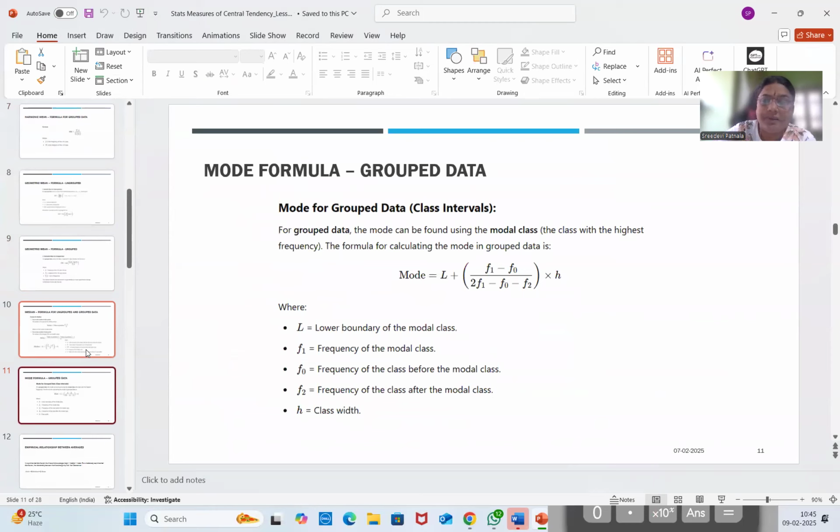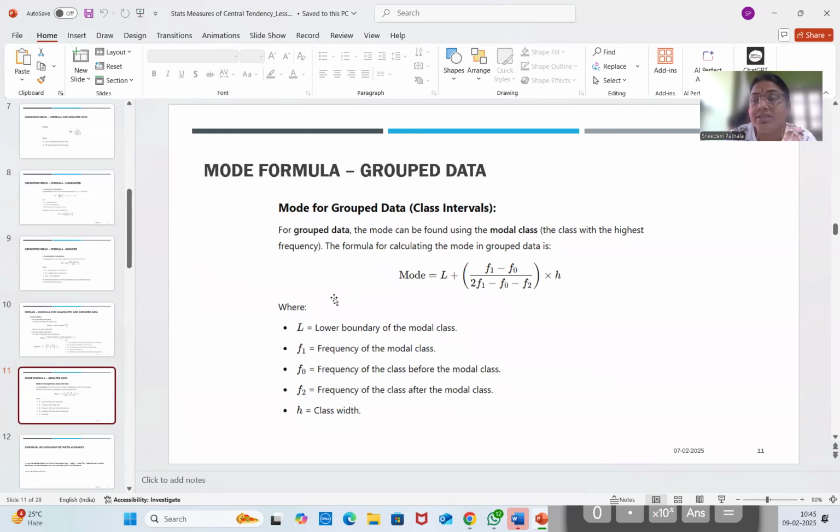Then let's take examples of the mode. For the ungrouped data, we did not discuss the mode value in the previous video, because mode, by definition, is the most repeated value. So when a data set is given, just find the repeated value and that becomes your mode value.